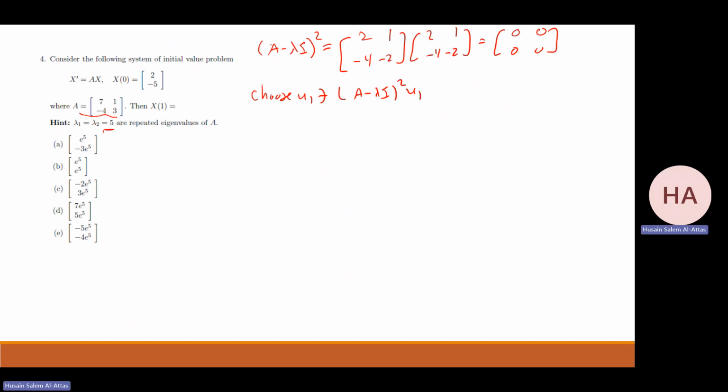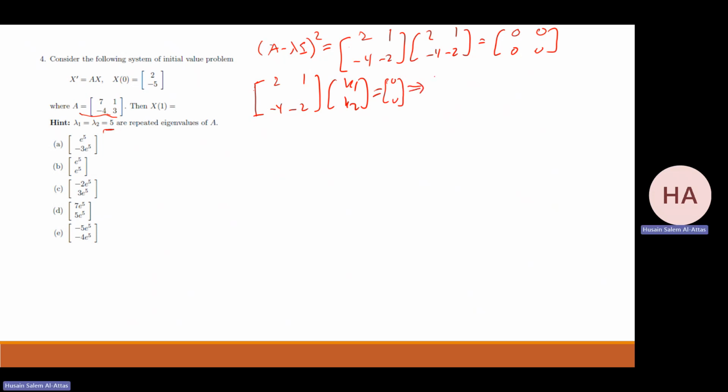Before that, sorry, I need to show that we have only one eigenvector, and this is the case. Why? Let's do the calculation. I need to solve 2, 1, -4, -2 times k1, k2 equals 0, 0. For sure, you will get only one free variable.